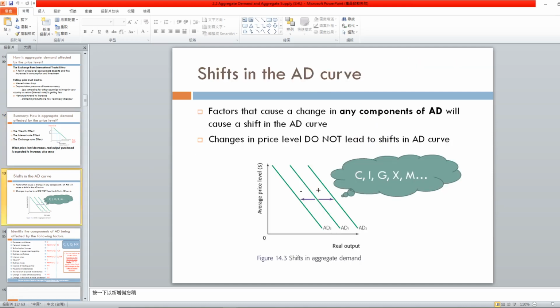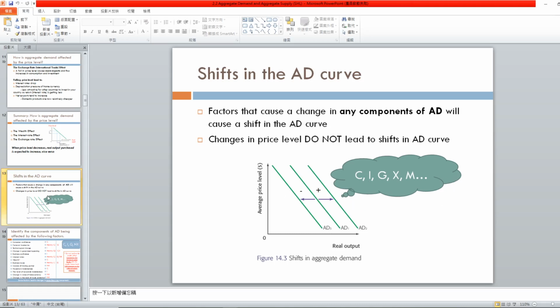But if there's anything other than the change in price level, any factor that changes the consumption behavior of different parties, let's say C or I or G or NX, then the AD curve will shift.